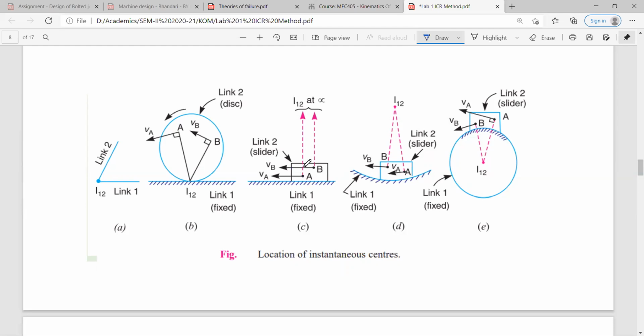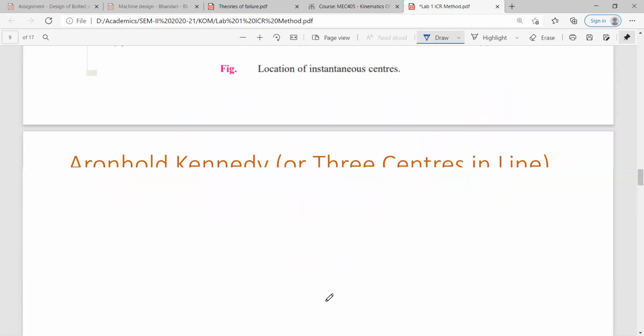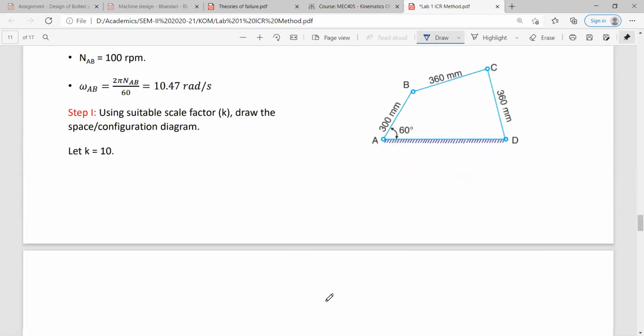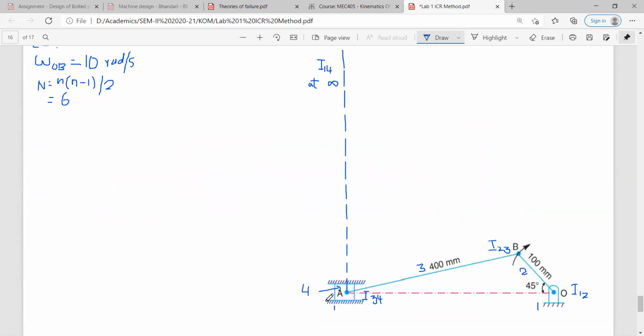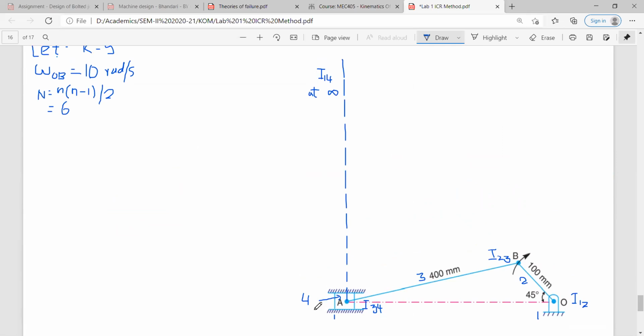In our case, we have numbered the slider as 4, so we are writing I14 at infinity. Because the connection could be a turning connection or a sliding connection, we know these two links are in contact, and we know the information about their ICR. In this case, it is a sliding pair, so the ICR will be at infinity in this direction.